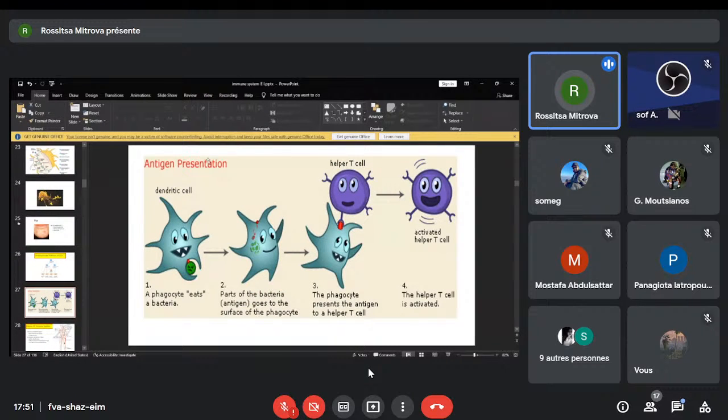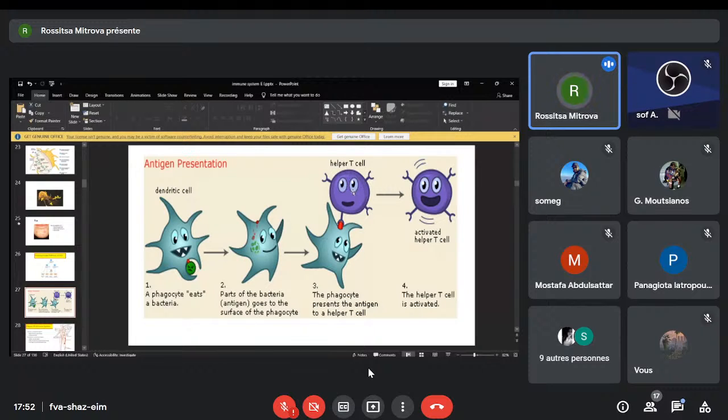Here we have the animation of antigen presentation. The phagocyte eats the bacteria. These parts of the undigested material go to the surface and are presented to the helper T cells.